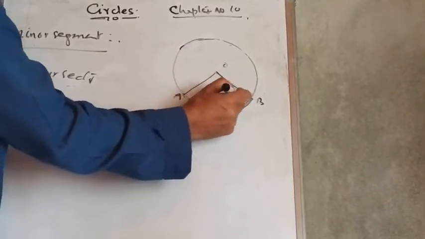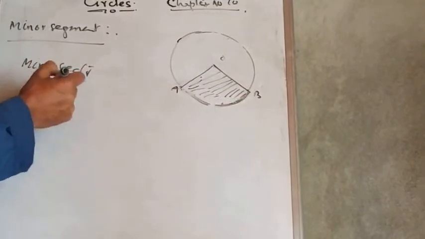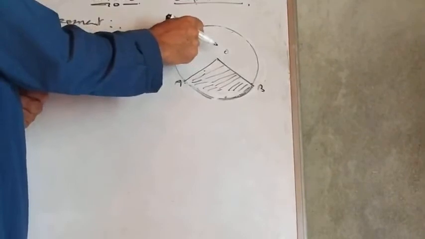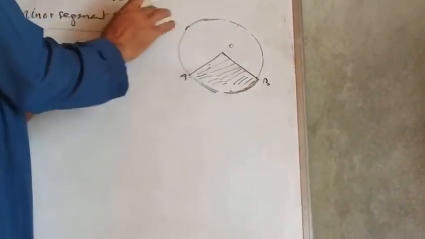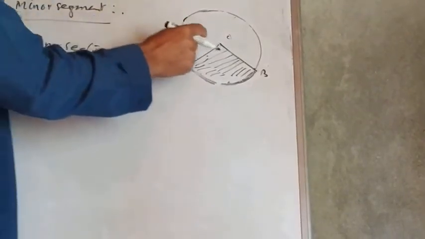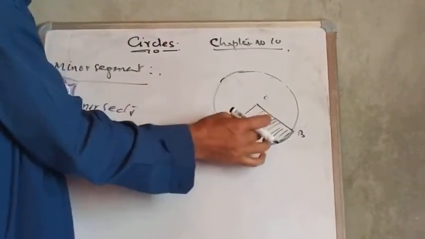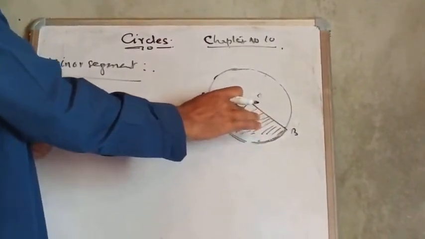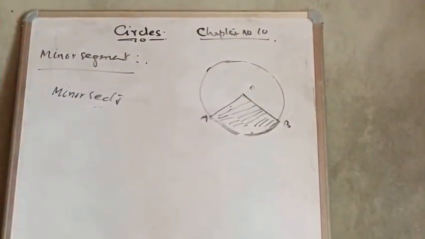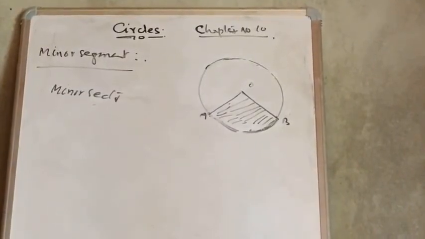So when you join a chord, the circle is divided into a minor segment and a major segment. When you join two radii, the circle is divided into a minor sector and a major sector. These are very important pointers so far as the circle is concerned.